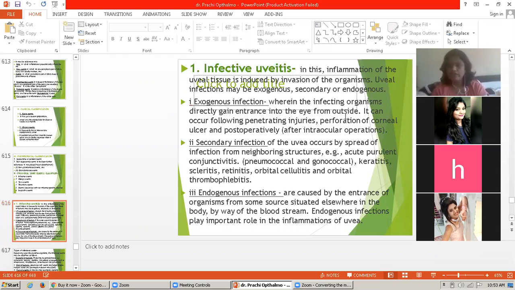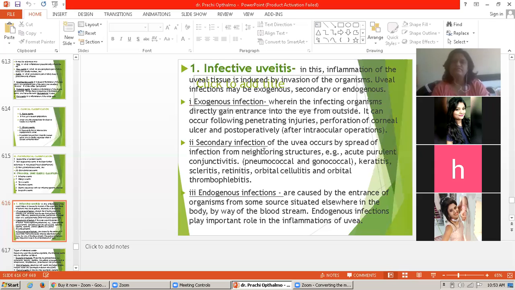It follows a penetrating injury, perforation of corneal ulcer, or post-operatively after intraocular operation. These are examples of how there is direct entrance of the infective organism into the eye, which leads to infective uveitis.